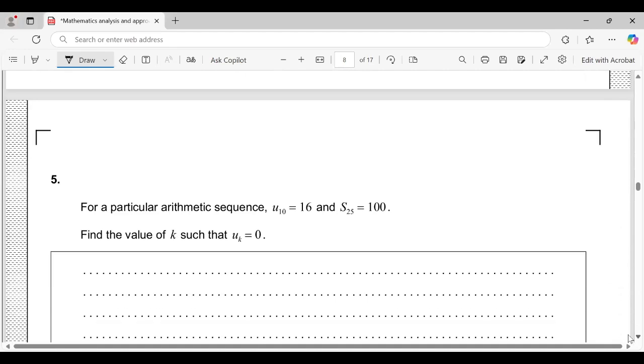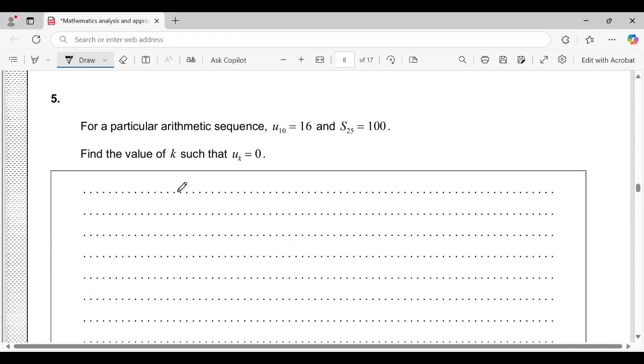Number 5. For a particular arithmetic sequence, U10 equals 16 and S25 equals 100. Find the value of k such that uk equals 0.